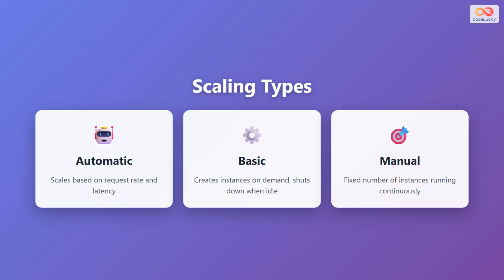Manual scaling maintains a fixed number of instances running continuously, giving you complete control over resource allocation. This is useful for applications that require consistent resources or have background tasks that need to run continuously regardless of incoming traffic.